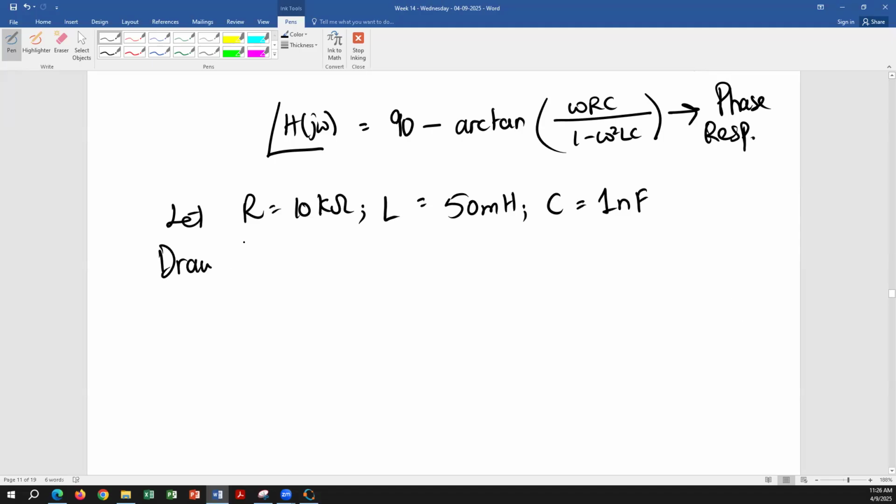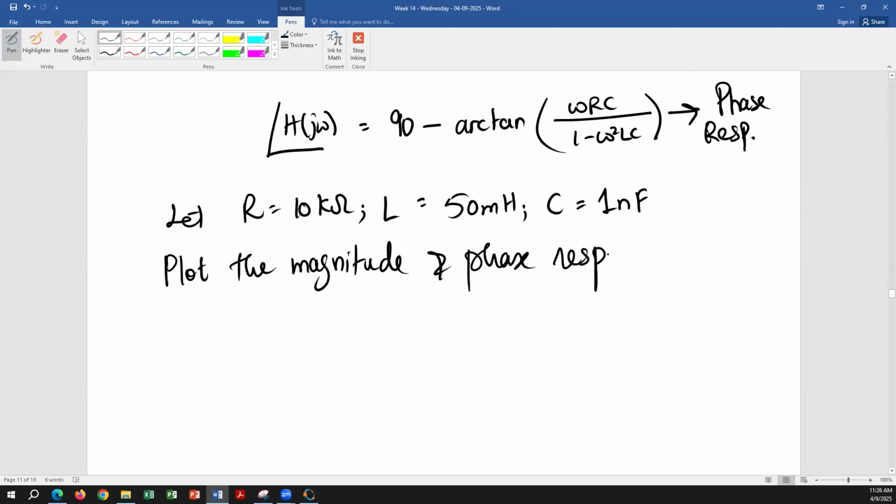Plot, rather, nobody's going to draw here, plot the magnitude and the phase response of the filter.